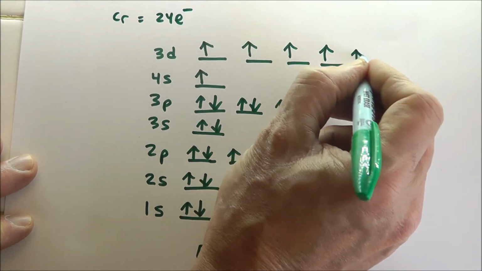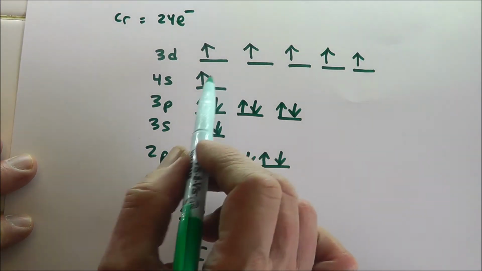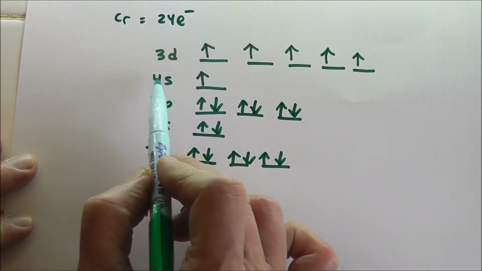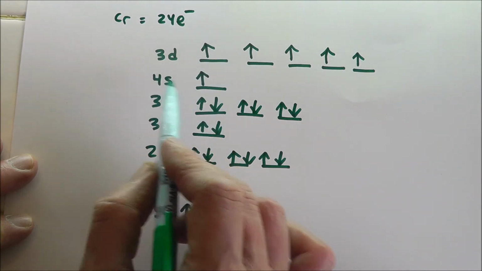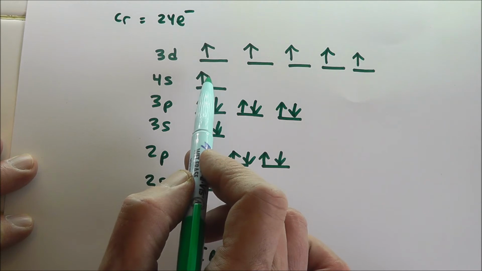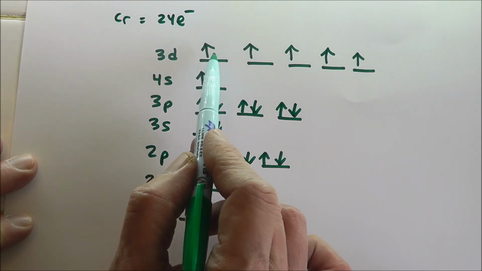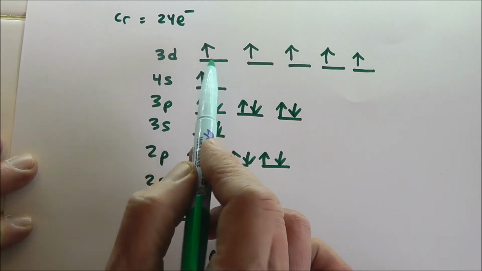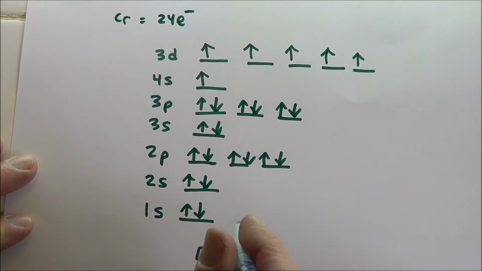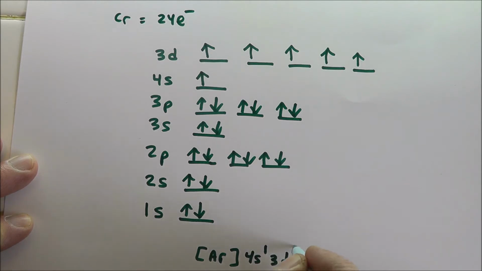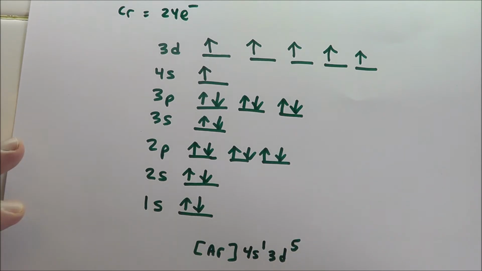And so technically, it takes less energy because these two orbitals are so close in energy that the other electron would go up here, because they're very close, closer than the energy of pairing. So this would be argon 4s1 3d5. All right? So that's just a little weird thing.